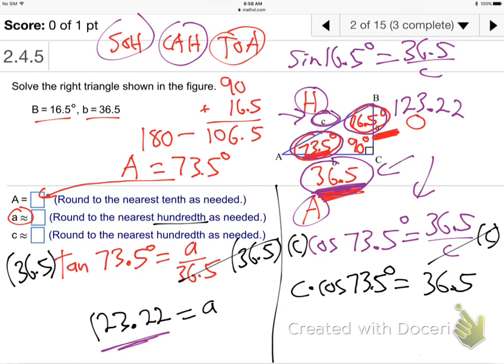And now how do we solve for C? Just divide by that cosine of 73.5 degrees. Like that. Boom. C equals, somebody got it?